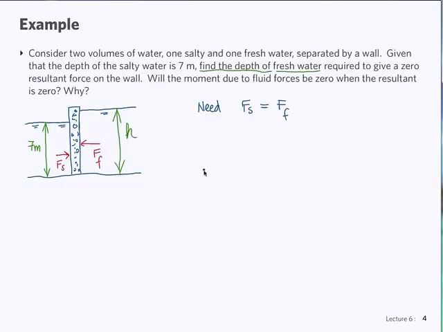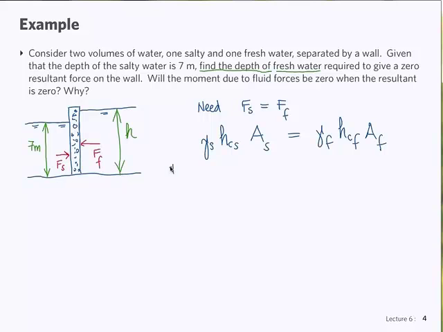And so I can use my shortcut number 1, and the resultant force is equal to the pressure at the centroid times the area, so gamma of the salty side times the depth of the centroid on the salty side, that's the pressure at the centroid, multiplied by the area on the salty side. It has to be equal to gamma on the fresh side times the depth of the centroid on that side of the wall and the area on the fresh side. So those are the two forces.